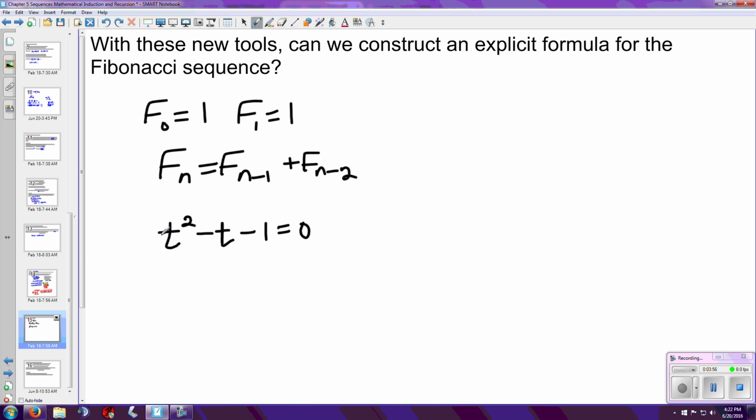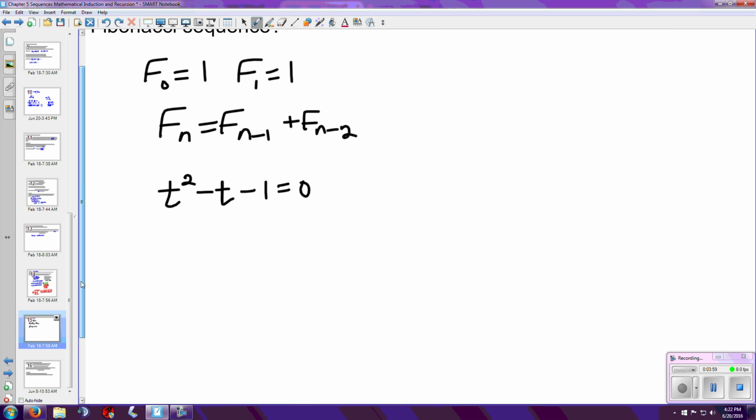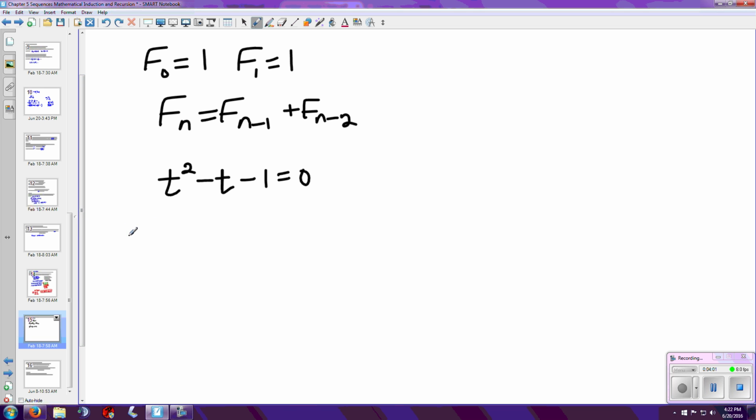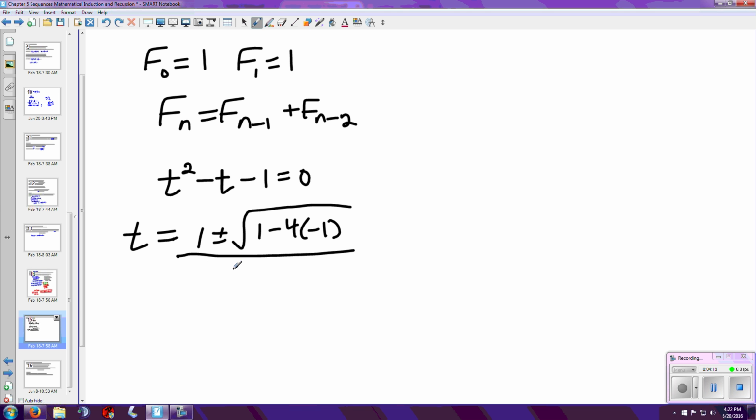And this is something that does not factor, so we have to go ahead and use the quadratic formula for this. So we have t equals negative b, which is 1, plus or minus the square root of b squared is 1 minus 4 times 1 times negative 1, all over 2 times 1, which is just 2.